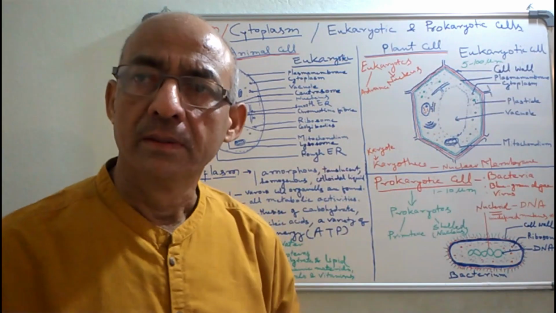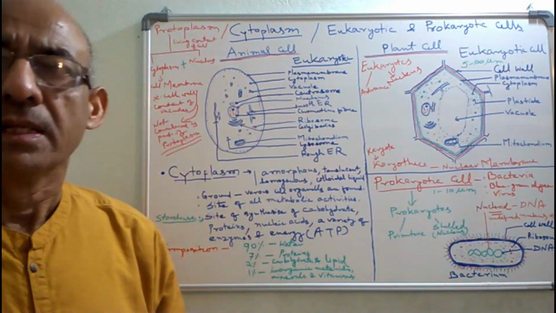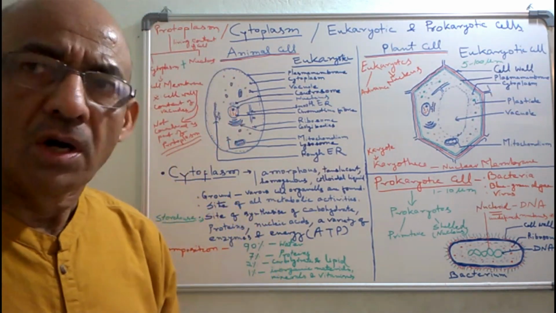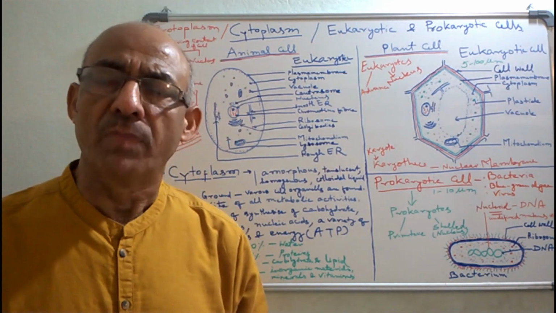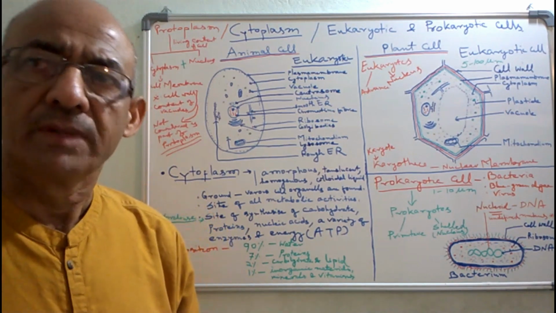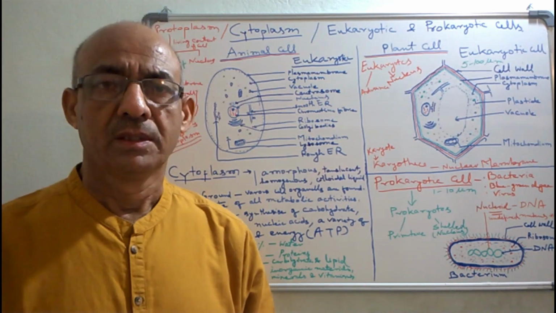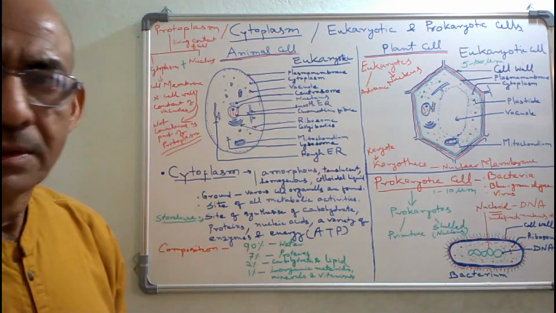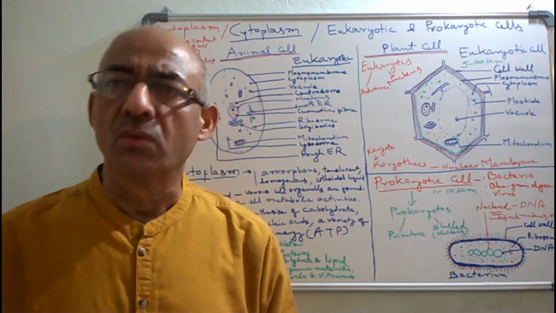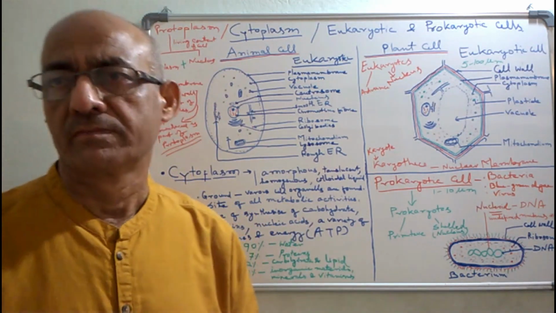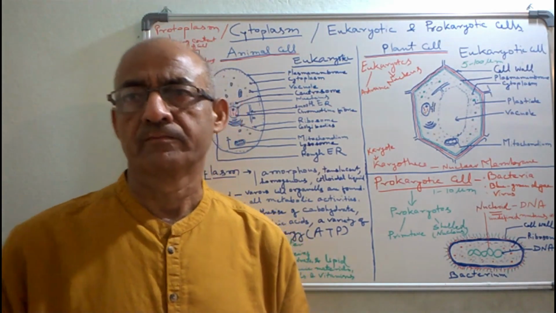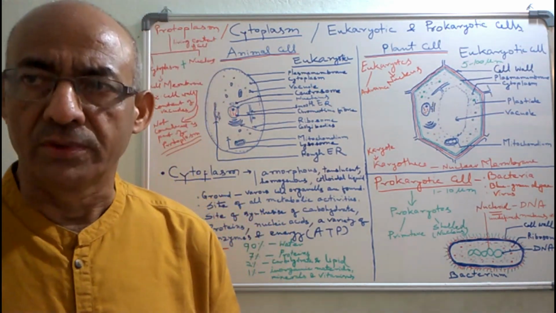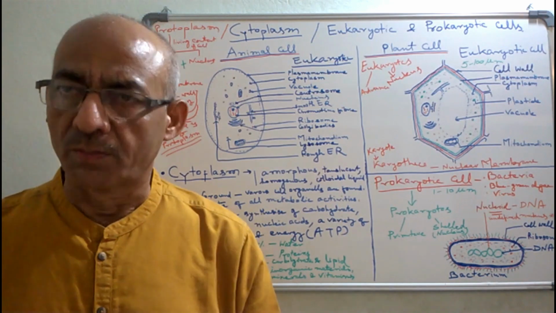Now we will define what is a eukaryotic cell. A eukaryotic cell is that cell in which a well-developed membrane-bound nucleus as well as other membrane-bound cell organelles like endoplasmic reticulum, Golgi bodies, ribosomes, mitochondria are found in the cytoplasm.